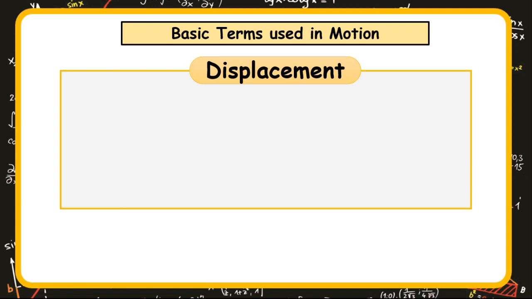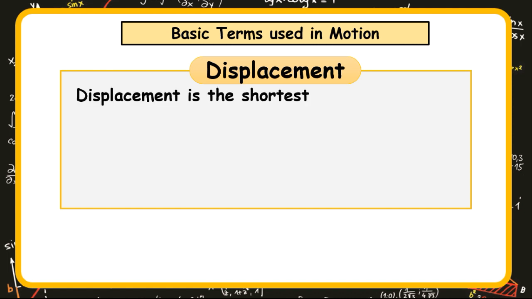The second term that you need to know is displacement. And just as you can get the word placement from it, then the negative is this, meaning if a body is placed in one position and the position is changed to another different position, you can say the body which was initially placed has been displaced.